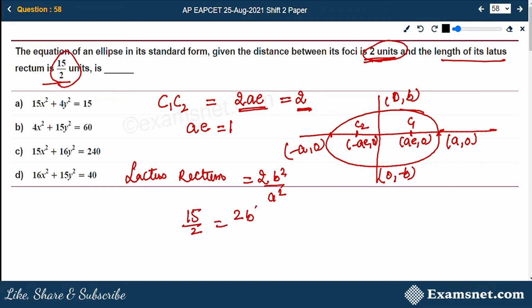This is equal to 2b square upon a, which makes b square is equal to 15a upon 2, right? Into 2, that will give you 15a upon 4.